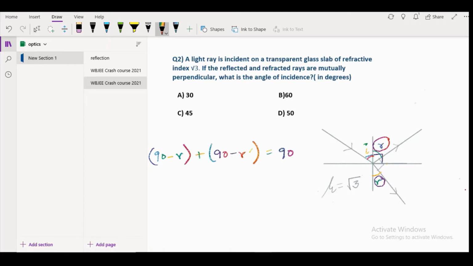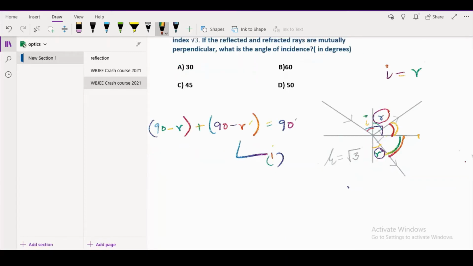Because this is the normal, so normal minus the angle of reflection should give you this angle, and similarly the normal minus angle of refraction should give you this angle, and the sum of these two angles should be 90 degrees as given in the question. So from here we get one equation.